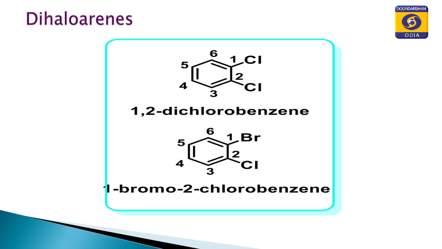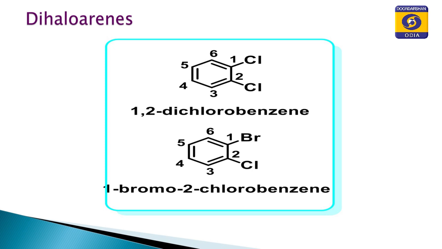Your example is given in the slide, that is 1,2-dichlorobenzene. 1,2-dichlorobenzene means the molecule contains 2 halogen atoms. Similarly, in 1-bromo-2-chlorobenzene, position 1 is occupied by bromine and position 2 is occupied by chlorine. So, this compound is an example of the dihaloarene.